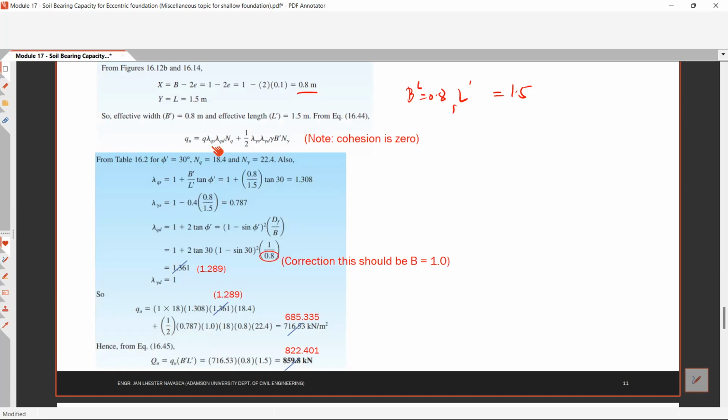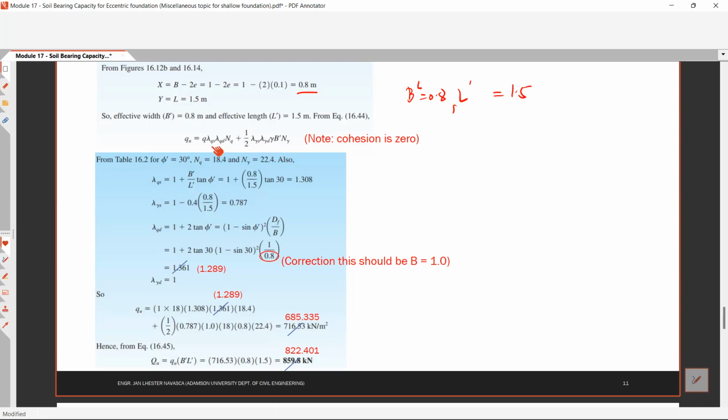Okay, the gamma B prime, your gamma is 18 kilonewton per cubic meter. Your B prime is 0.8 and multiplied it to N gamma, that is 22.4. You have 685.335 kilonewton per square meter or kilopascal.